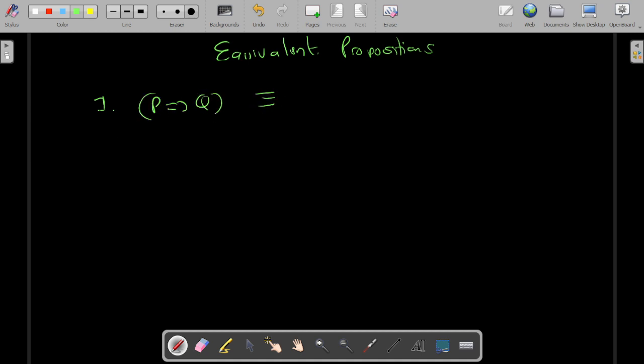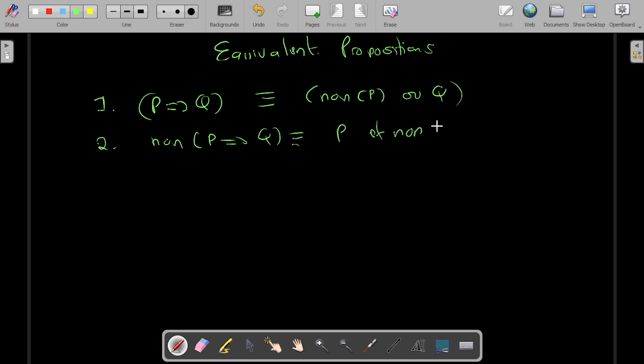P implies Q is equivalent to not P or Q. So we have not (P implies Q) is equivalent to P and not Q. How you check this is you use the truth table. P implies Q is also going to be equivalent to what? Not Q implies not P.